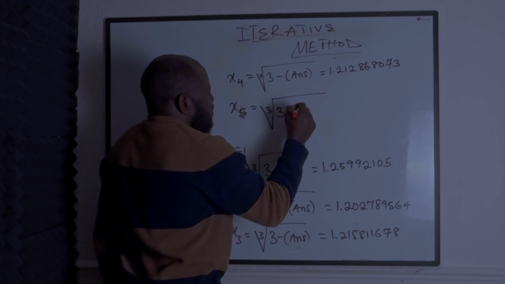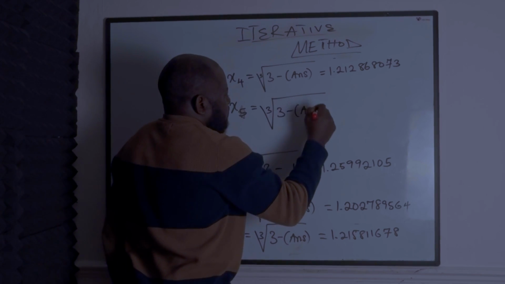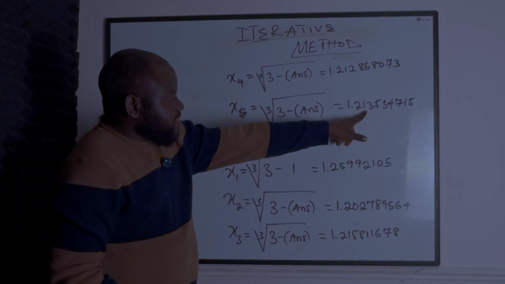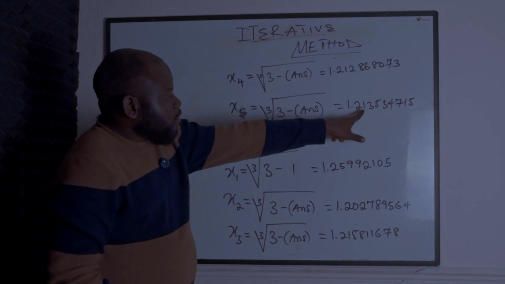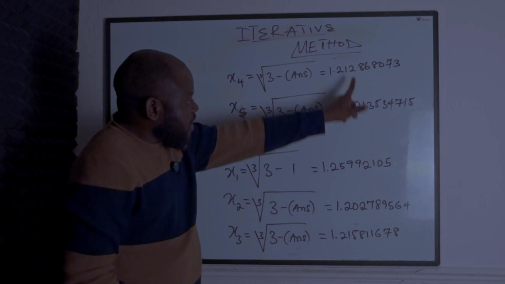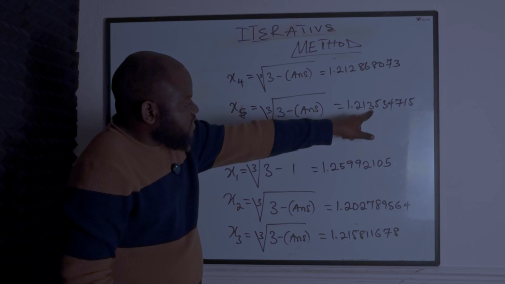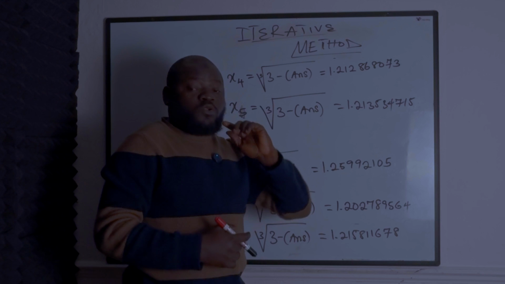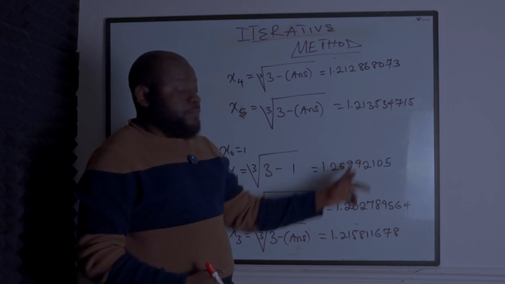So this is 3 minus answer, which is this answer. So if you look at it now, you will see that to 2 decimal places, it's not increasing. It's just 1, 1. Can you see what I'm saying? It is the third digit that is increasing. So if the question says to 3 decimal places, we cannot stop yet.